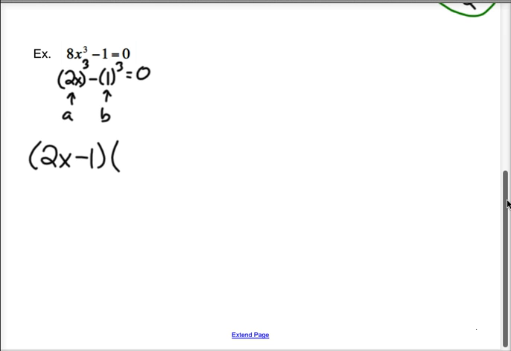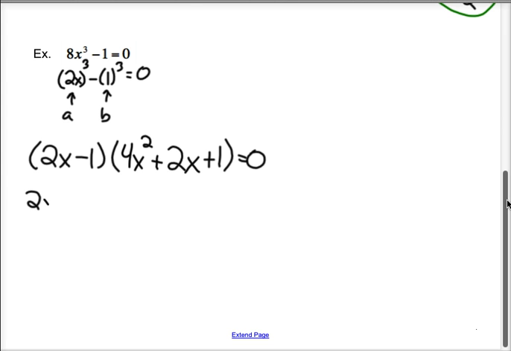Then we have A squared, so the quantity 2x squared is 4x squared, plus A times B plus B squared. Okay, so again, if you follow the pattern, that is able to tell you how it breaks up, how it factors.